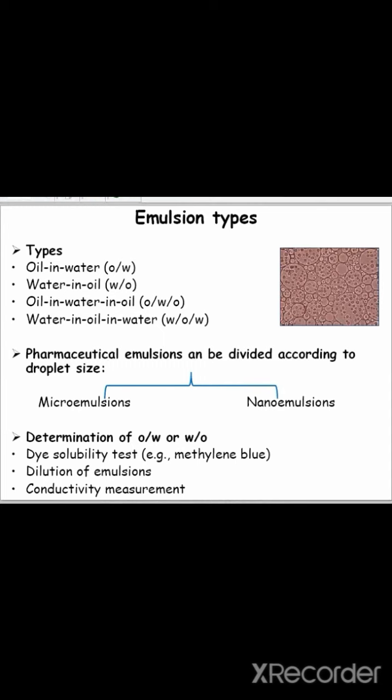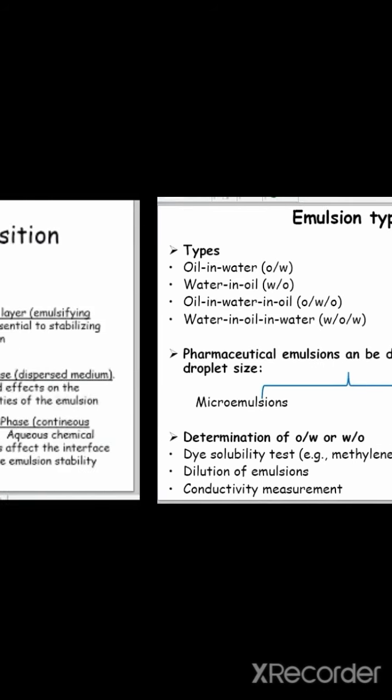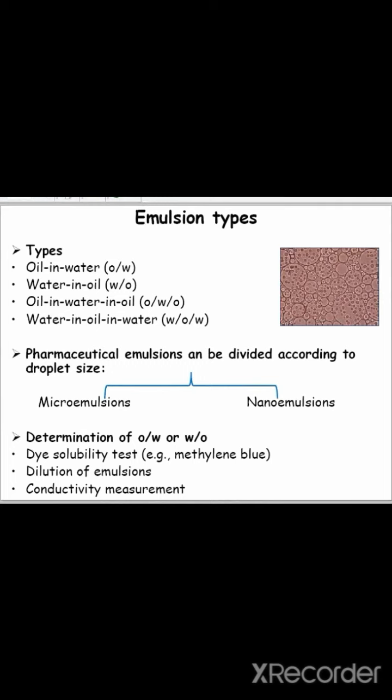If an emulsion is oil in water, then there was a setup where a bulb is connected and the bulb glows in oil in water but not in water in oil, because water is conductive, that's why the bulb glows. The fourth test is the cobalt chloride test, and the last test is the fluorescein test.